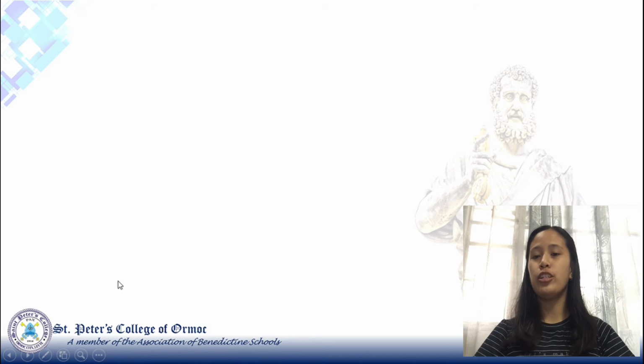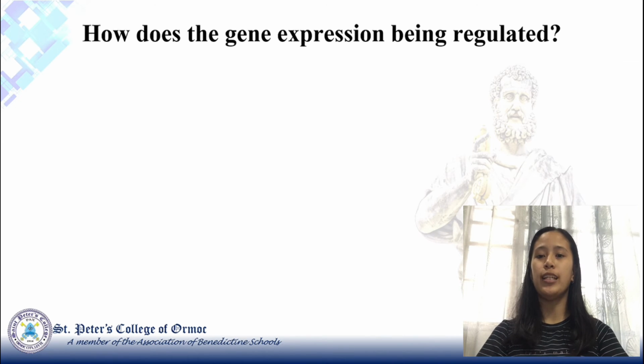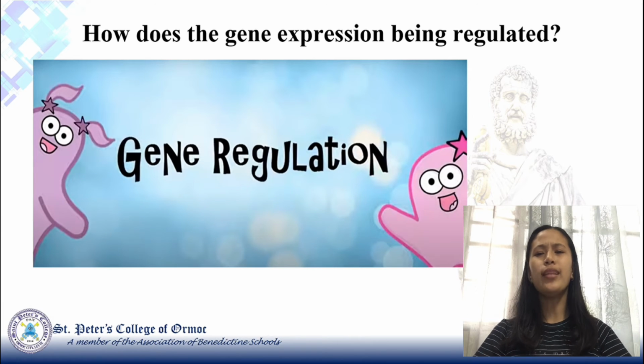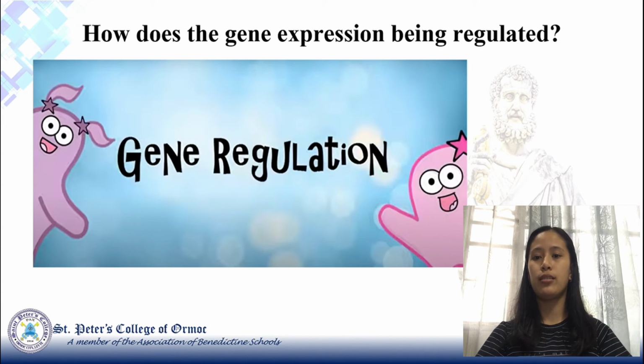As I have mentioned earlier, gene expression is tightly regulated. This is commonly called gene regulation. And what is gene regulation, by the way? It is the process used to control the timing, location, and amount in which a gene is expressed.